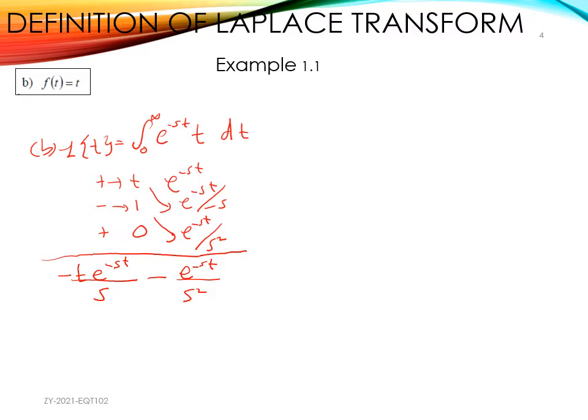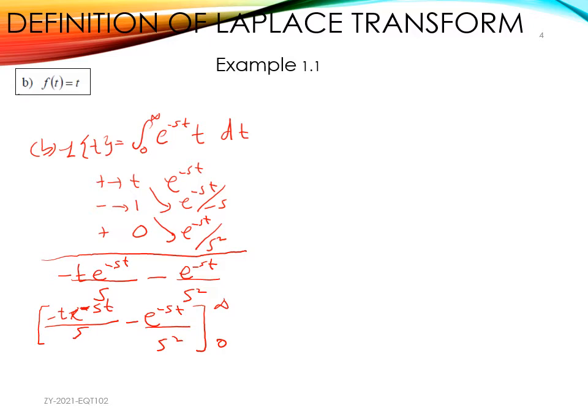Now we want to put in the limits, negative t e to the negative st divided by s, minus e to the negative st divided by s squared, from 0 to infinity. First we need to substitute for both terms.